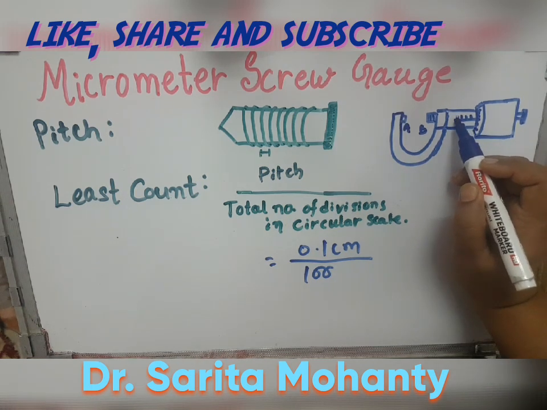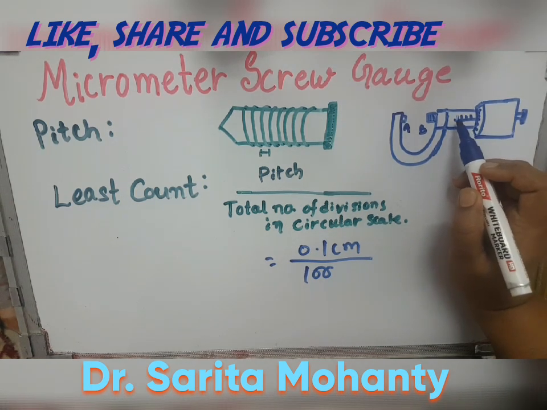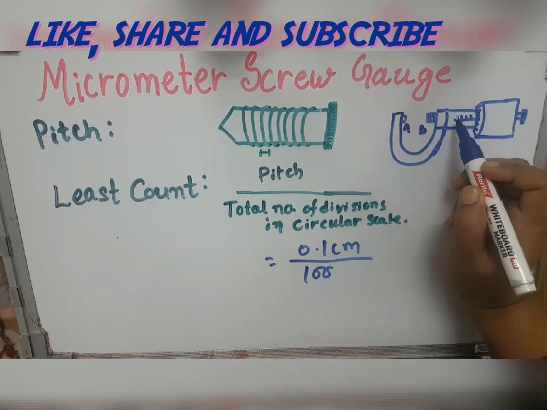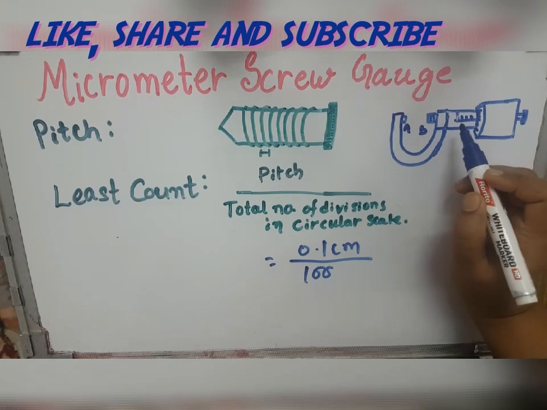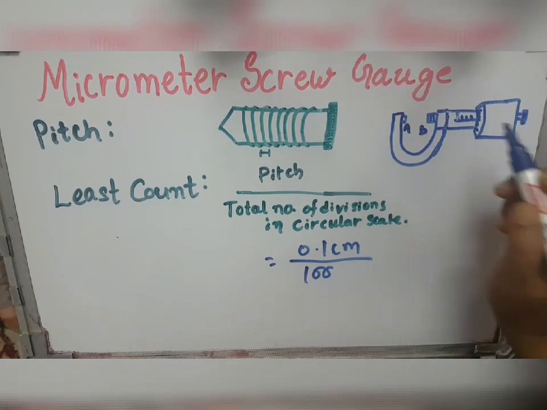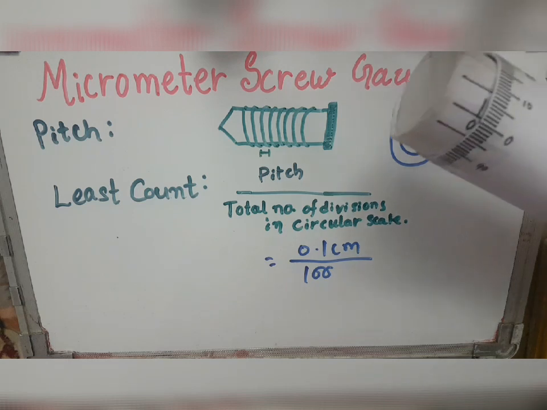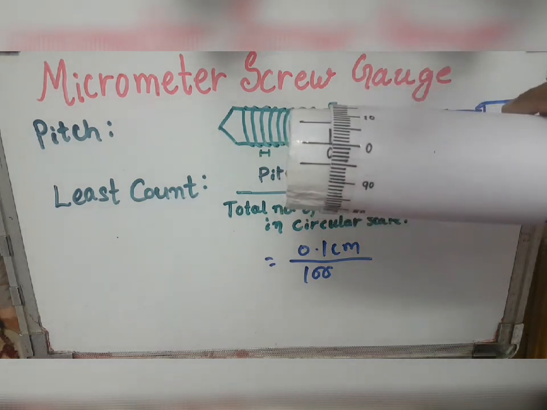You can observe it by observing the reference line. We have to see that the reference line under the zero of the main scale should coincide with the zero of the circular scale, as we can see here.